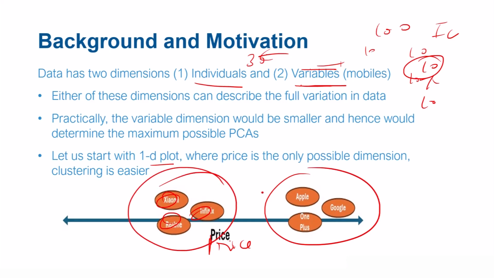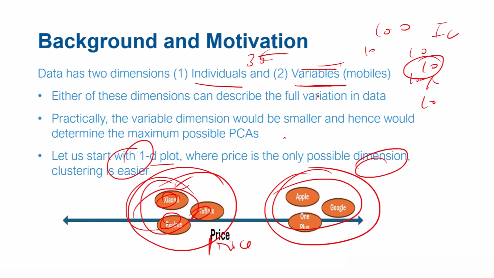That means which brands should be put together and in which segment you would like to operate. You can create these different segments along the price line. You can also classify individuals on this price line, which individuals are price conscious and which are on the higher side of the price. So the analysis is quite simple. You have only one dimension that you need, price, and it determines all the analysis that you want to do in this market.